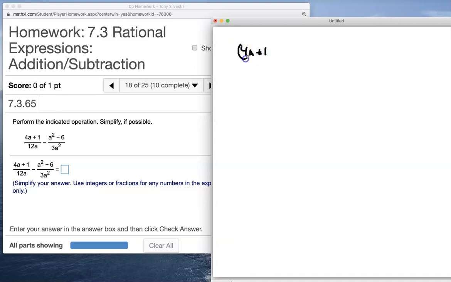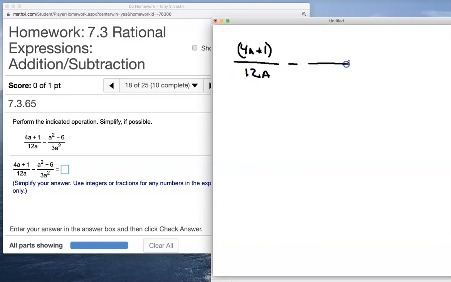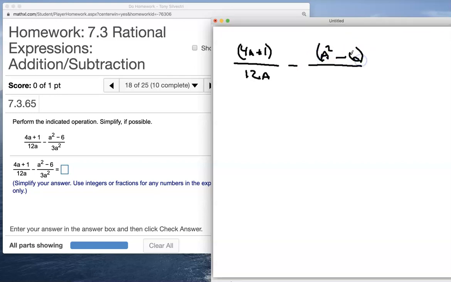You might as well make a bundle out of that. Over 12a minus a squared minus 6, which is a bundle.